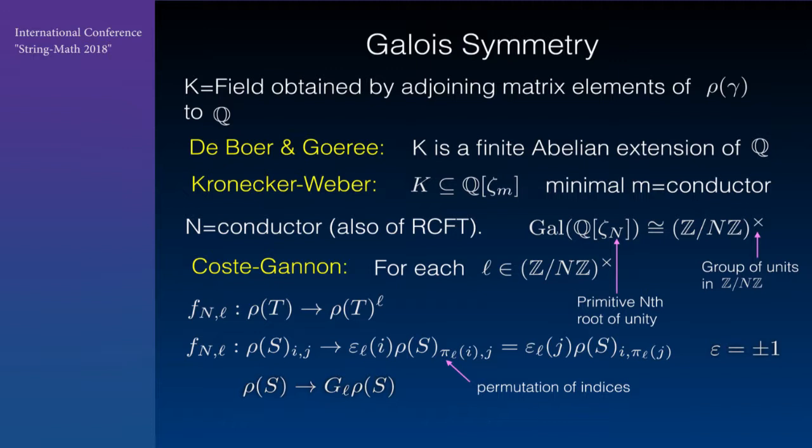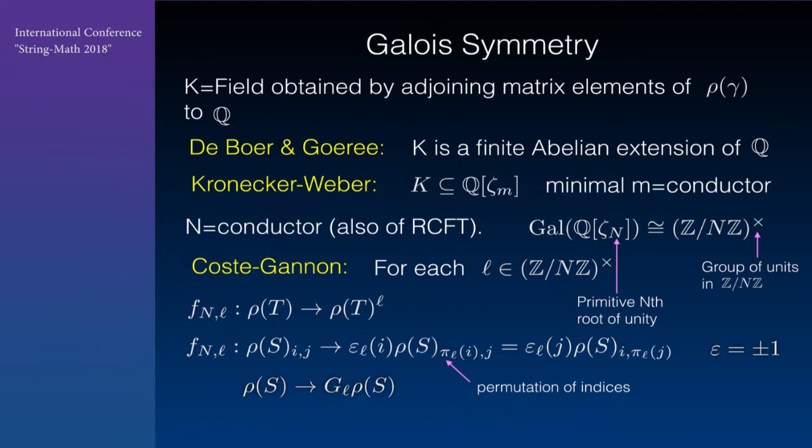Now, in physics, we often think of Z mod NZ as being a group, which it is, but it's also a ring. So in addition to, say, adding integers mod n, we can also multiply them, but not all elements have a multiplicative inverse. So the group of units is the elements in Z mod NZ that have multiplicative inverses.